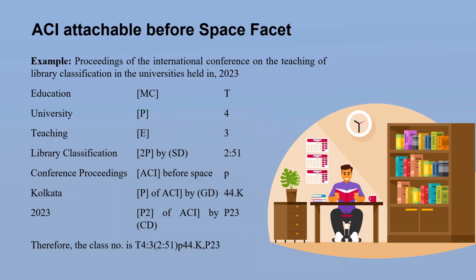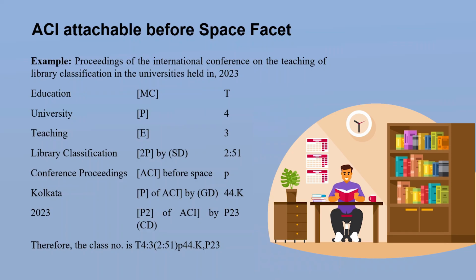So we have the class number for the subject as T4 colon 3 and then 2p within parenthesis 2.51, as it is a document on the teaching of library classification, and it is the proceedings of an international conference.